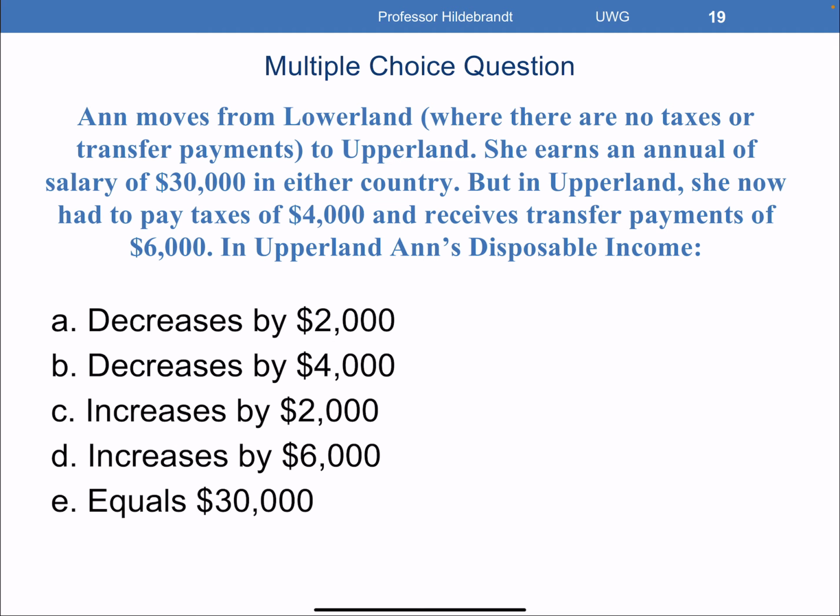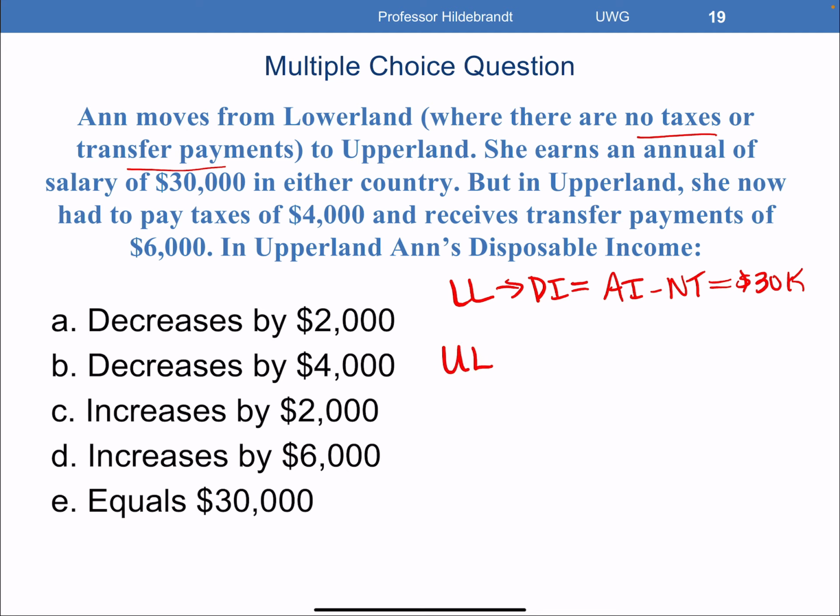Okay, so again, in lower land, her disposable income, which remember is total income minus net taxes. Well, since there are no taxes or transfer payments, it's simply $30,000. So now we're trying to see how it differs in upper land.